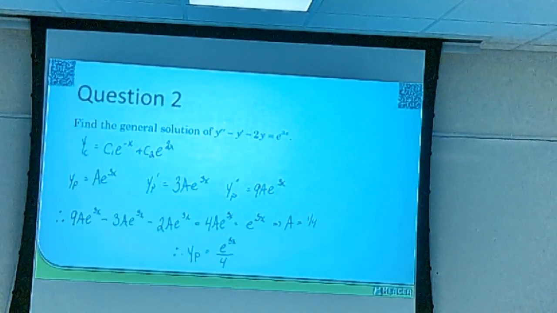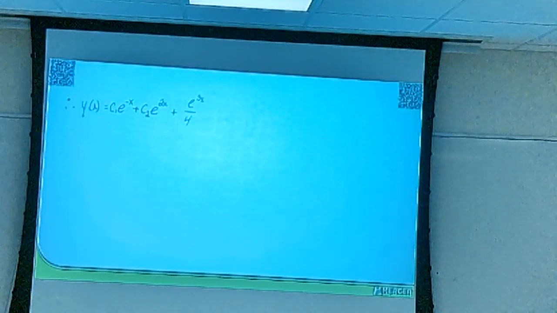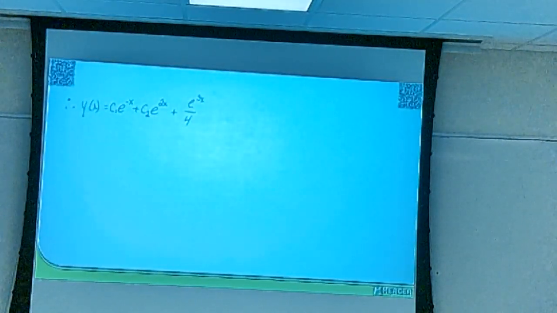Your general solution is then the sum of the two.